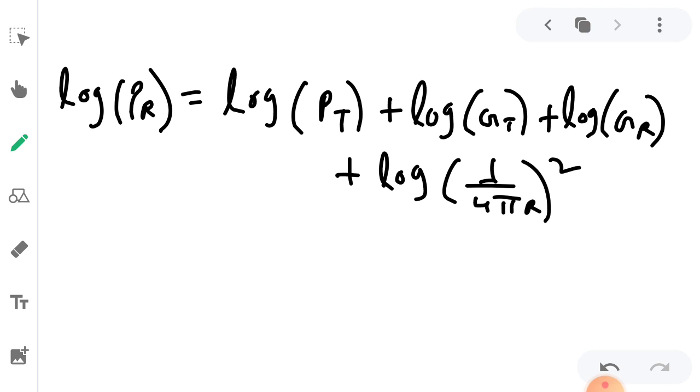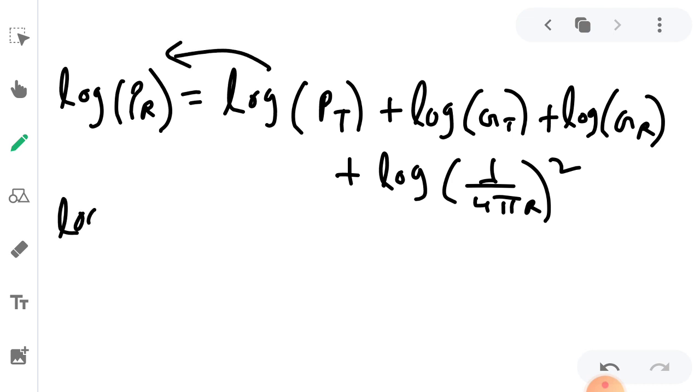Now we are going to do small simplifications. Here we bring log PT to the left hand side.